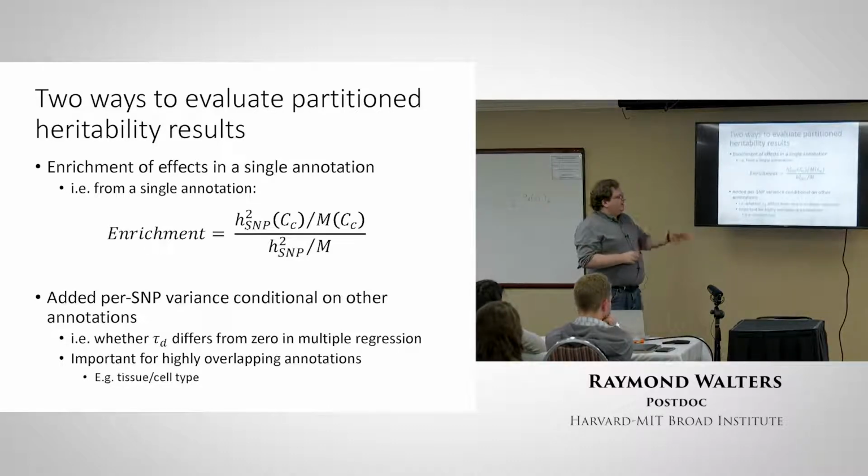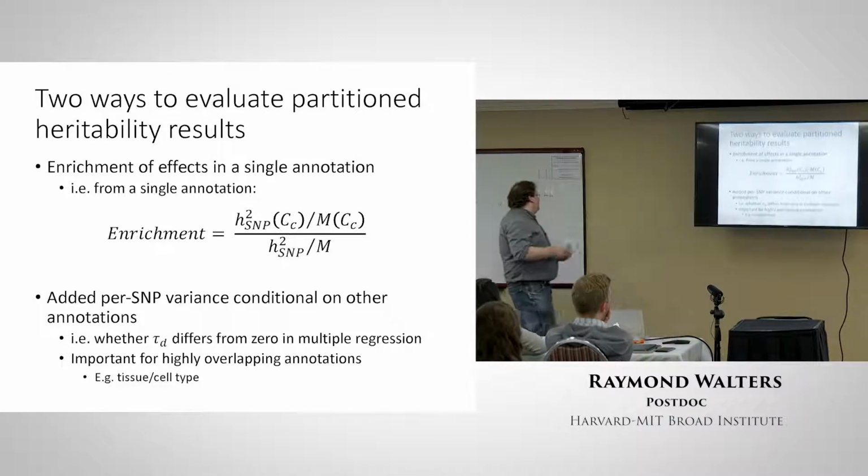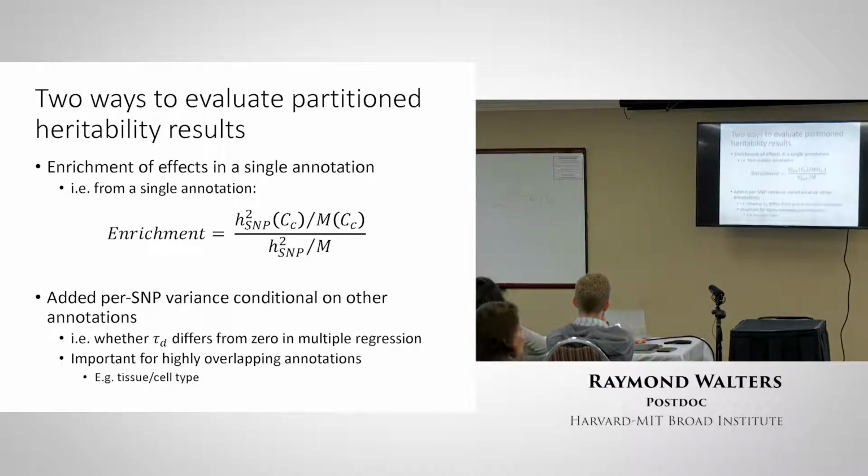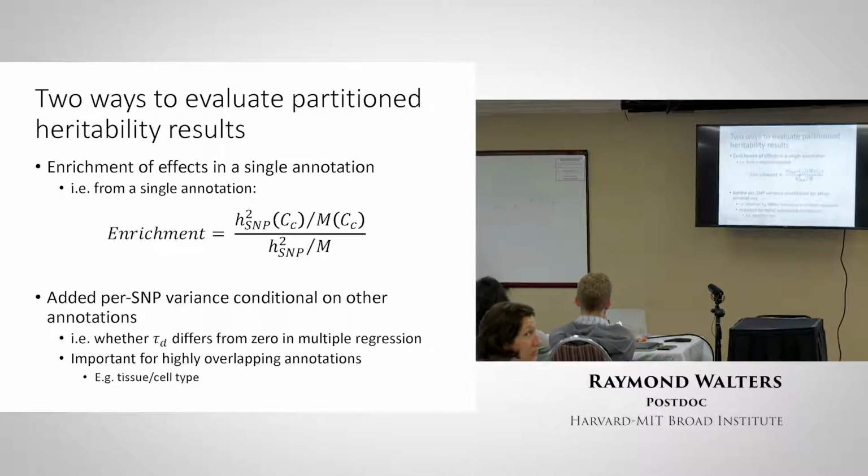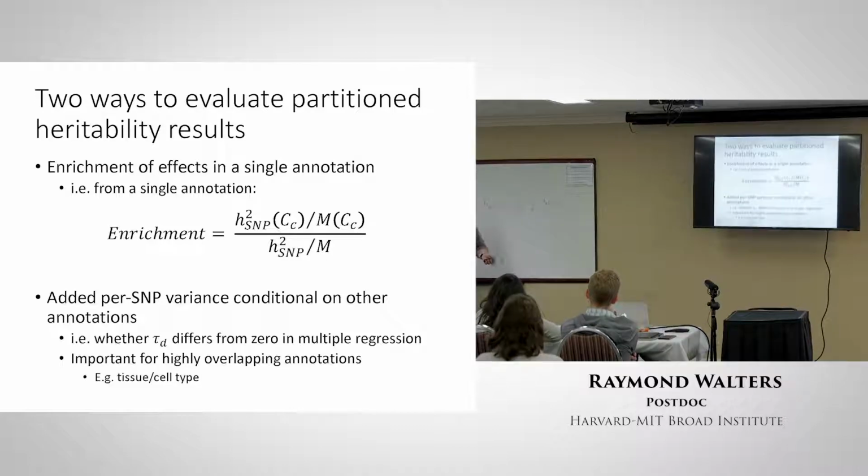The other thing we can do, though, is what's in this top equation: instead of looking at the individual annotation by itself, conditional on everything, we make some statement about the total SNP heritability that's in that annotation relative to genome-wide. This is the one equation that I didn't manage to get in a slide, but put here. It's a statement that only makes sense really for our binary annotations, where either you're in an annotation or not in an annotation.